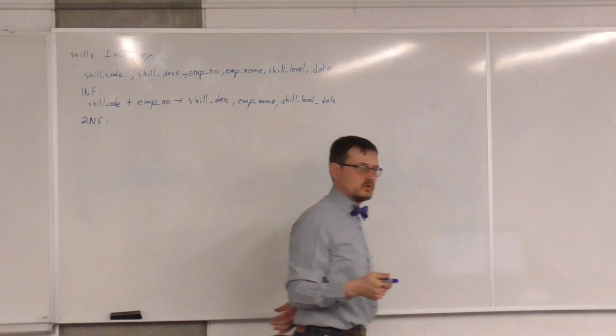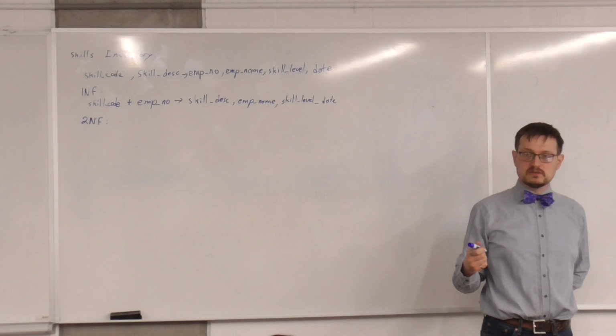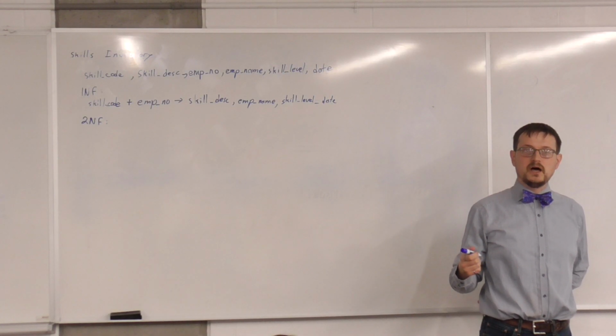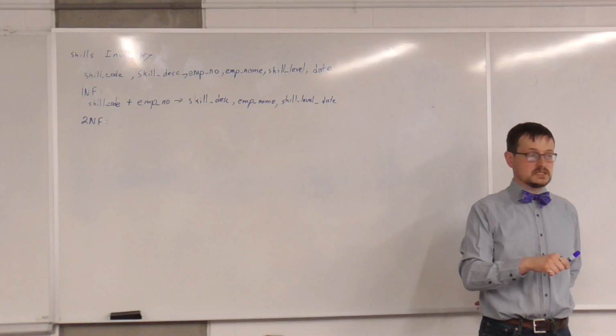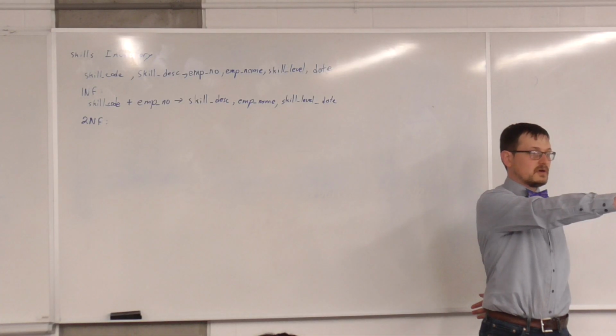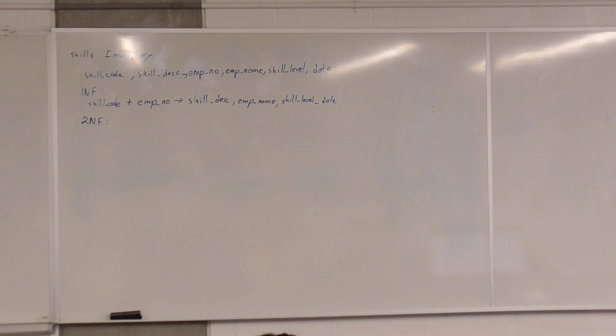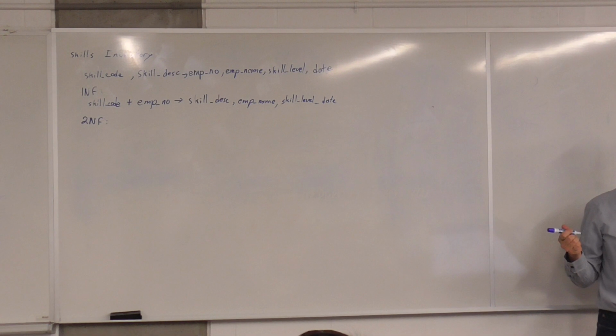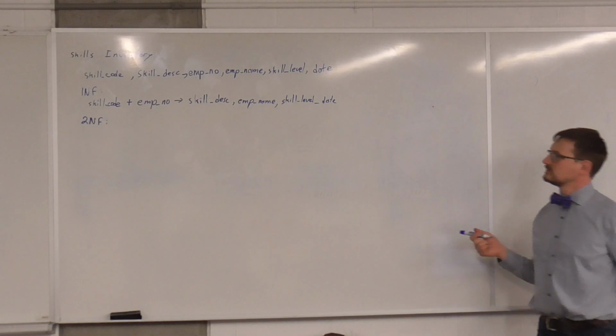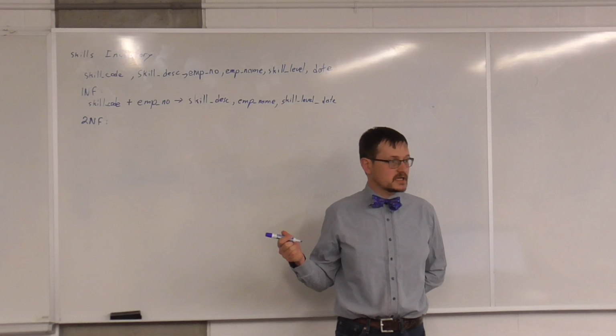In third normal form, we're isolating the things that are dependent on non-primary keys. I was going to say that skill description could be dependent on skill code. Is that third normal form? Well, is skill code one of our primary keys in first normal form? It's part of it. So yes, this is second normal form.